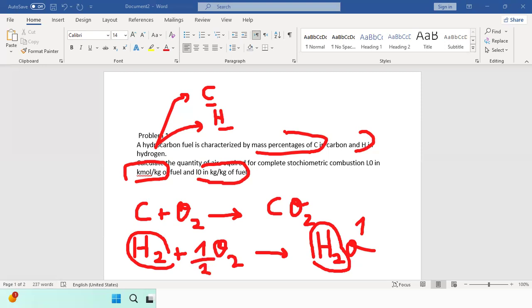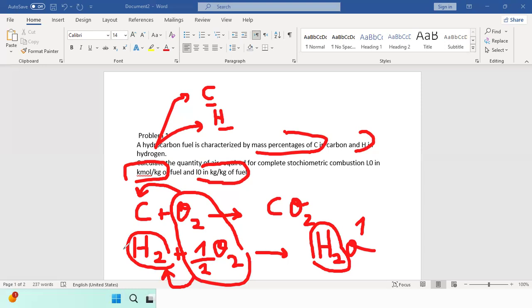Okay, so from these relations, we can determine the quantity of O2 required in total. We say the quantity of O2 should be able to completely burn carbon and H2 in a stoichiometric way.